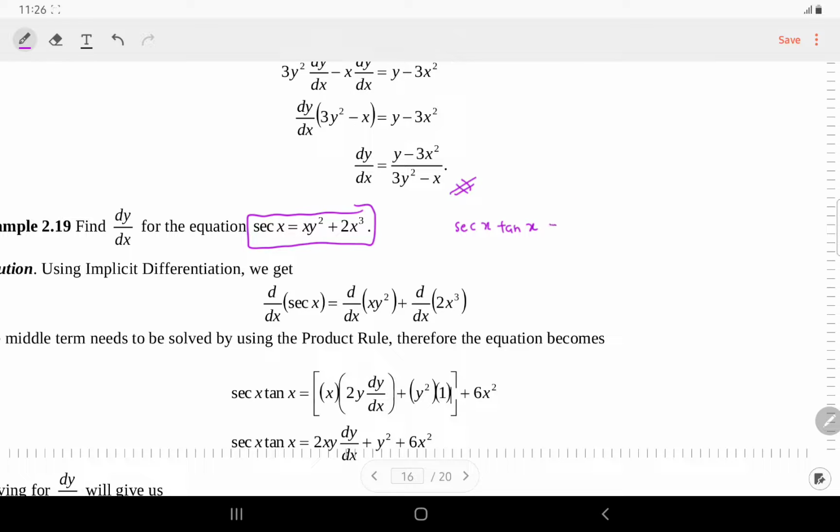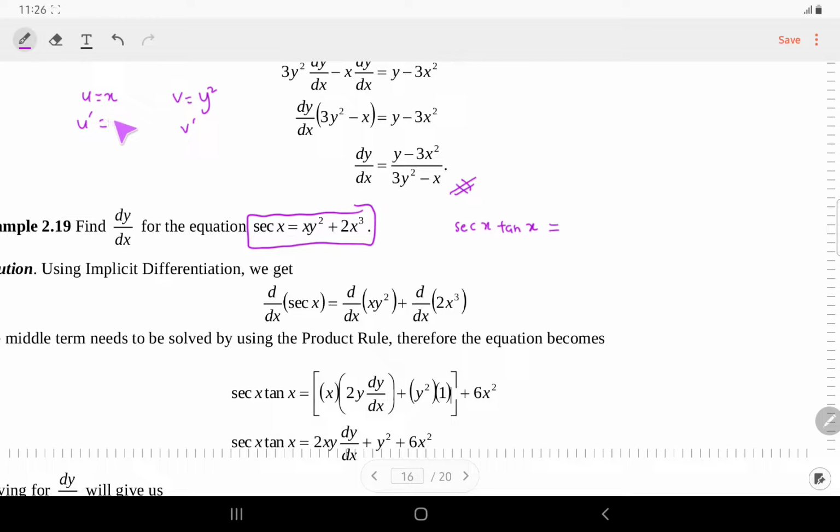Equals, and just now I said we need to perform the product rule for this term. So we assume our u is x and our v is y squared. Find u prime and v prime.